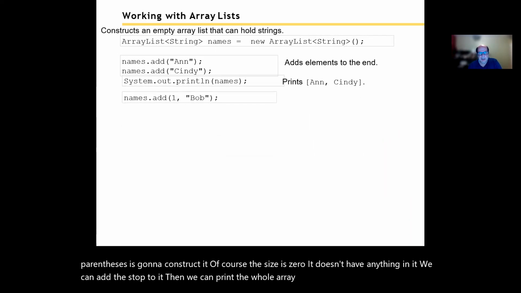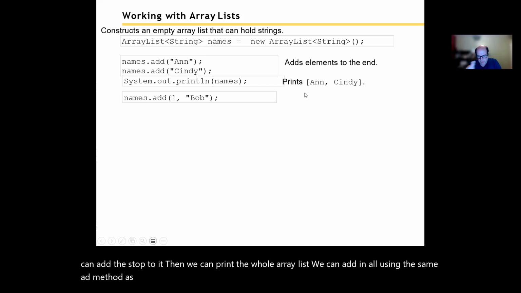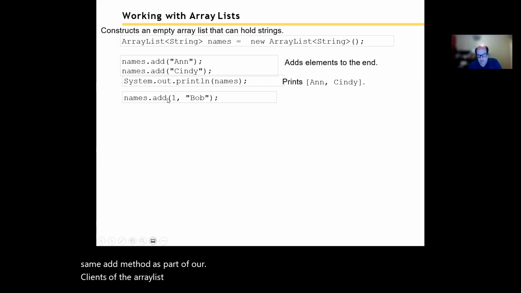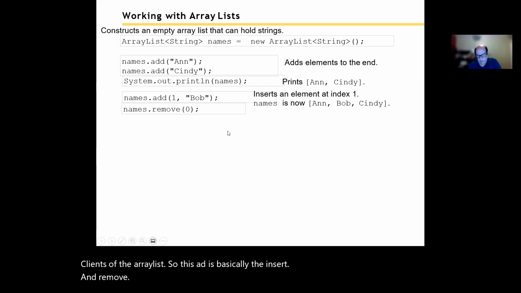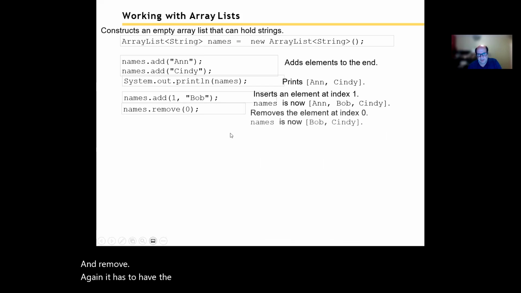We can add, using the same add method as part of our class of the array list. So this add is basically the insert. And remove, again, it has to have the correct number for the list that we have.